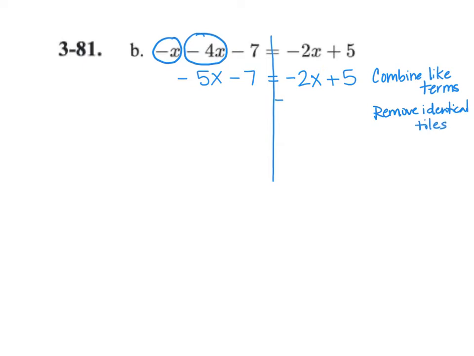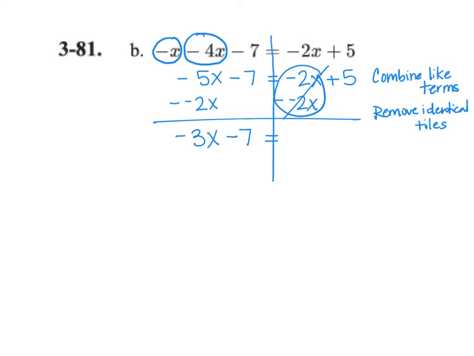So if I had 5 negative x tiles and I remove 2 of them, now I have 3 negative x tiles. I still have the 7 negative unit tiles. And now on the right-hand side, now that I removed those, I do not have any x tiles, but I do have 5 positive unit tiles.